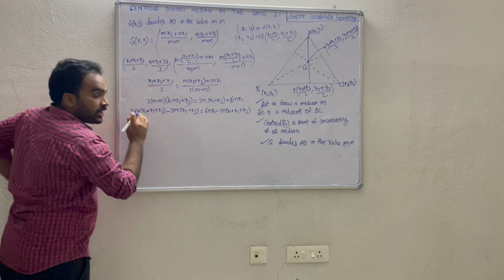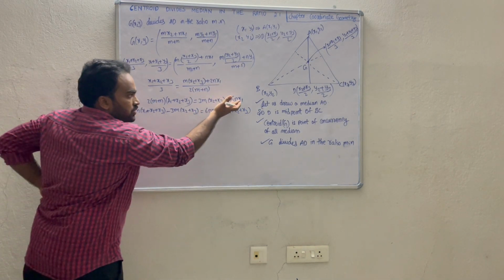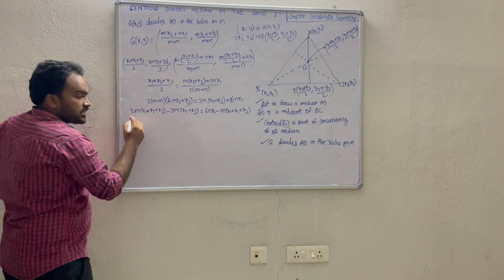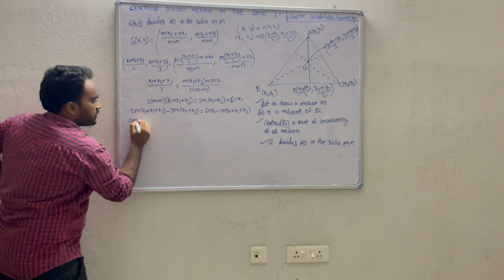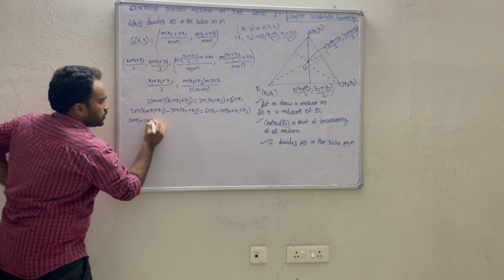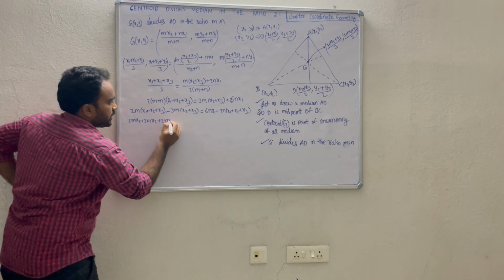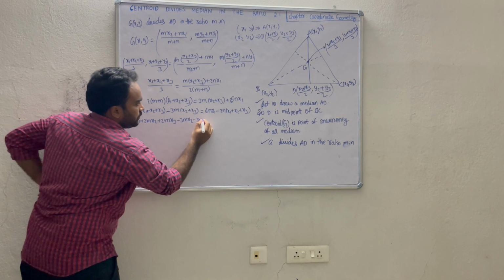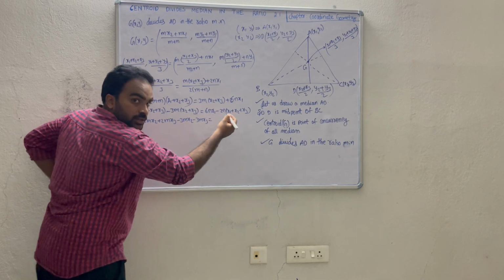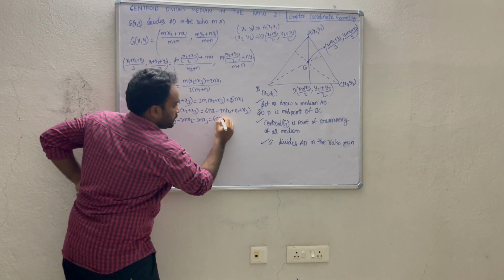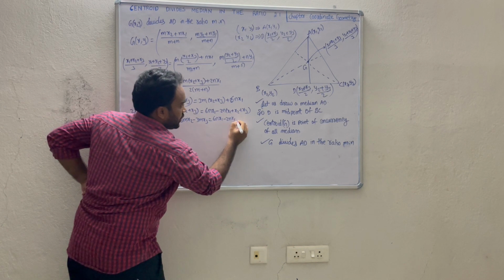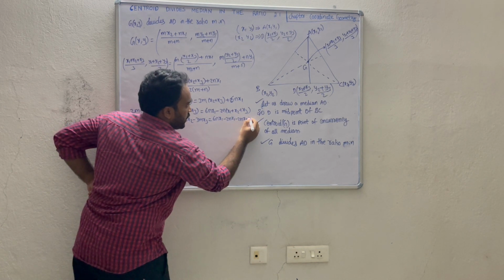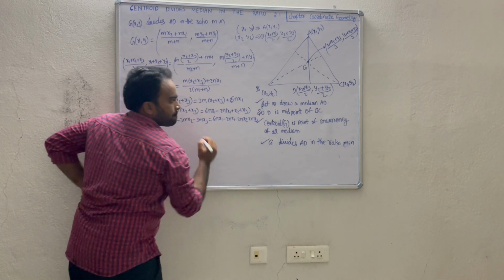Now multiply these terms: 2m x1 plus 2m x2 plus 2m x3 minus 3m x2 minus 3m x3. On the right side: 6n x1 minus 2n x1 minus 2n x2 minus 2n x3.